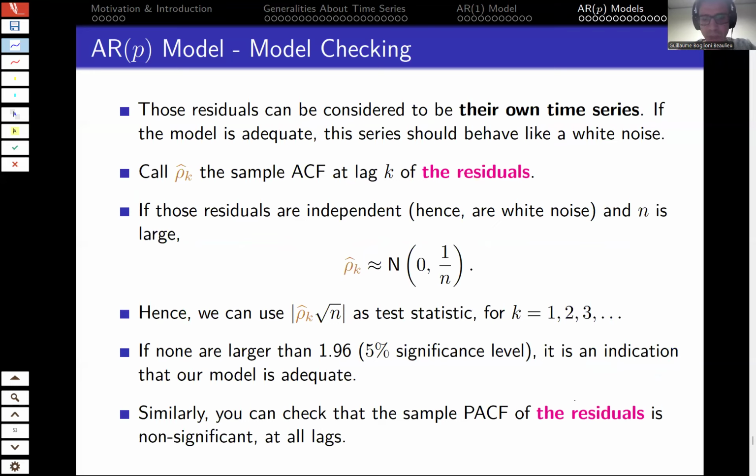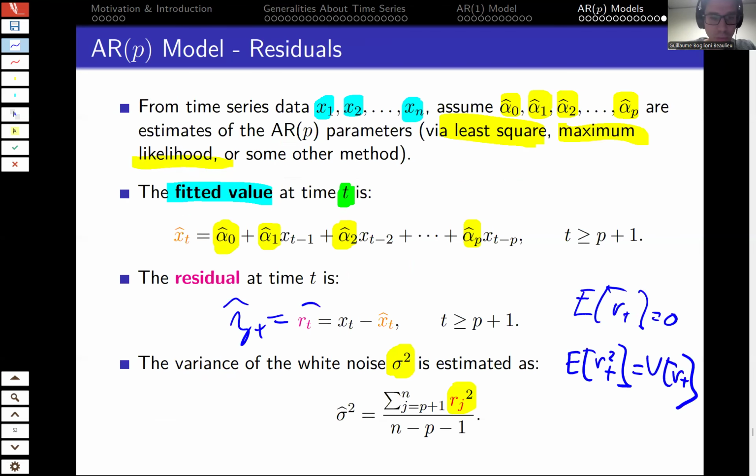You really use your residuals as a diagnostic that your model fitting or your model is reasonable. So same thing here. But the idea that I need to explain is this: you can view your residuals as their own time series. Well, yes, because the residuals, which again is an estimation of your noise in your model, is something that you observe over time.